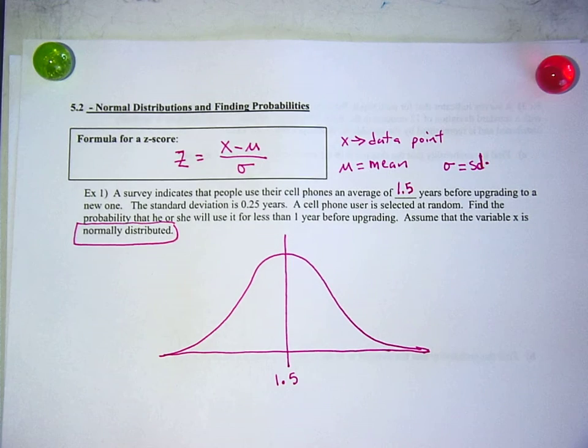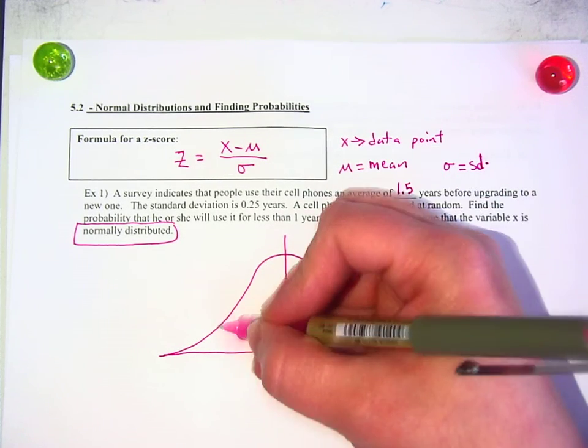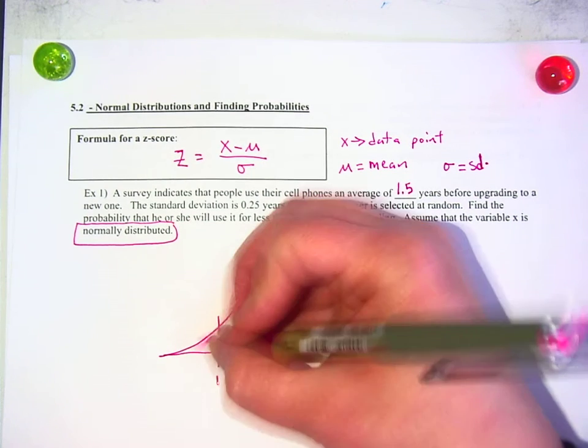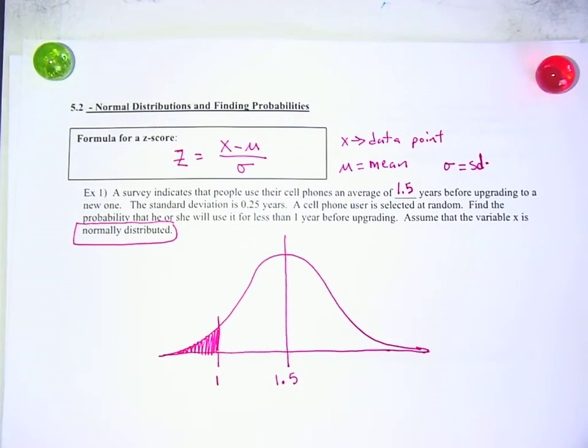So less than 1 year, a standard deviation is about 0.25, so maybe 1 year is over here. So this is 1 year, and we want to figure out less than 1 year. So I'm going to shade to the left of that. Less than means to the left.